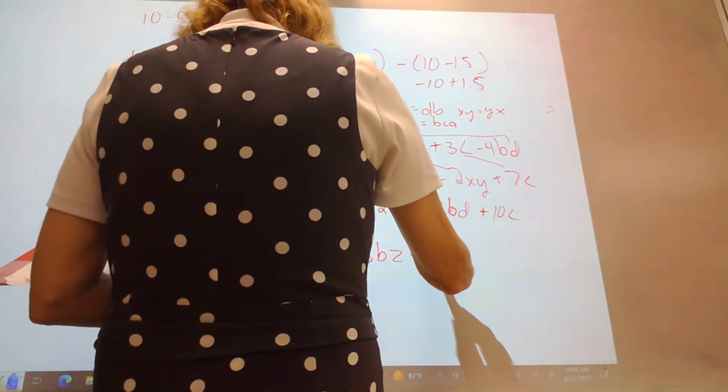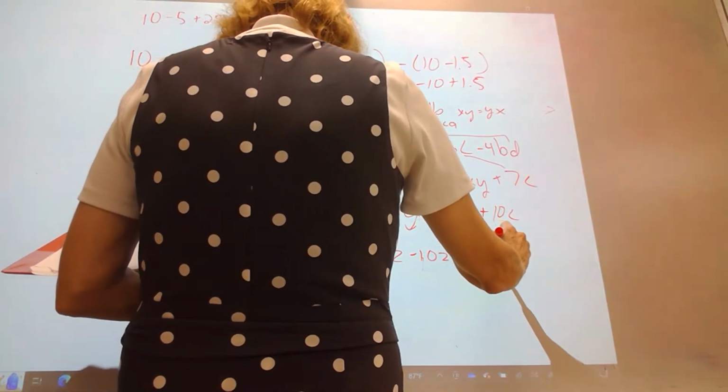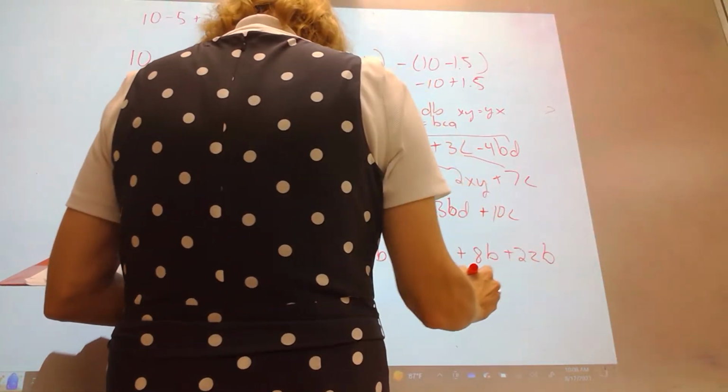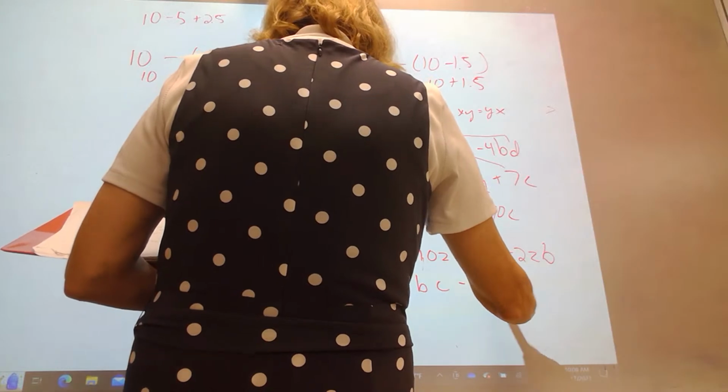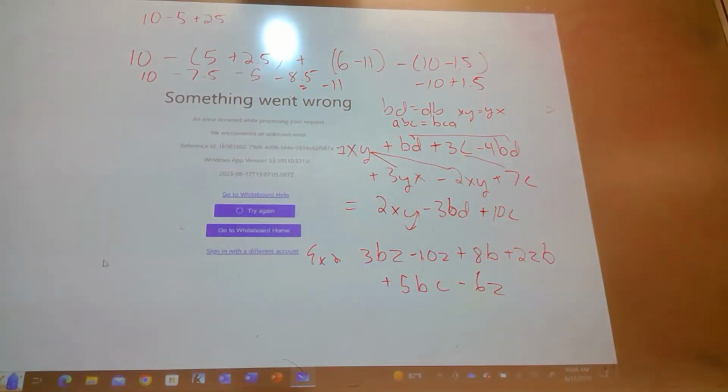3BZ minus 10Z plus 8B plus 2ZB plus 5BC minus Z. Okay, so look which ones have the same letters next to them.